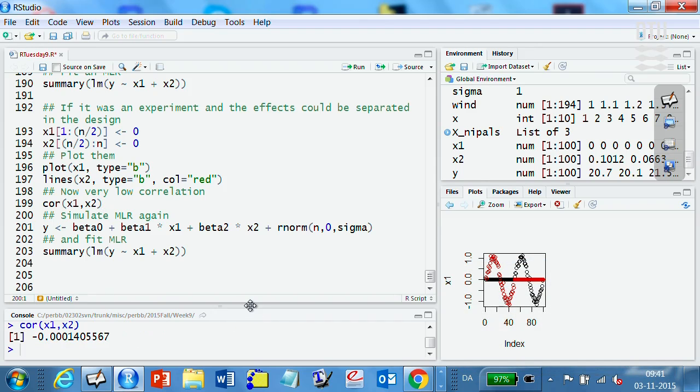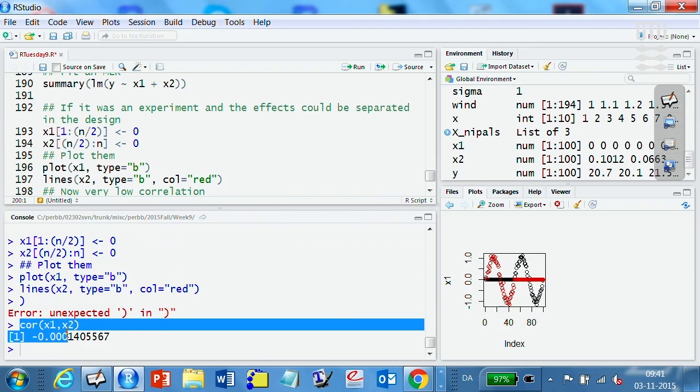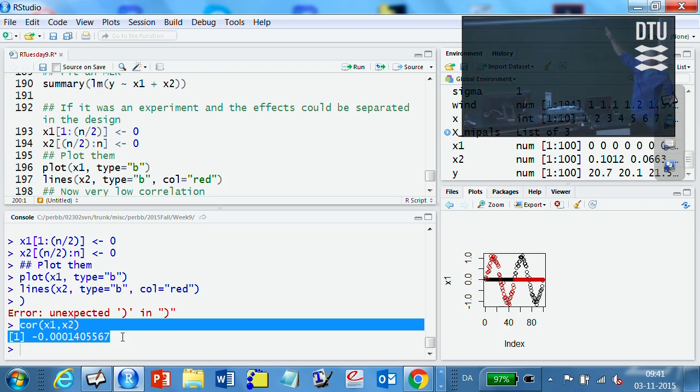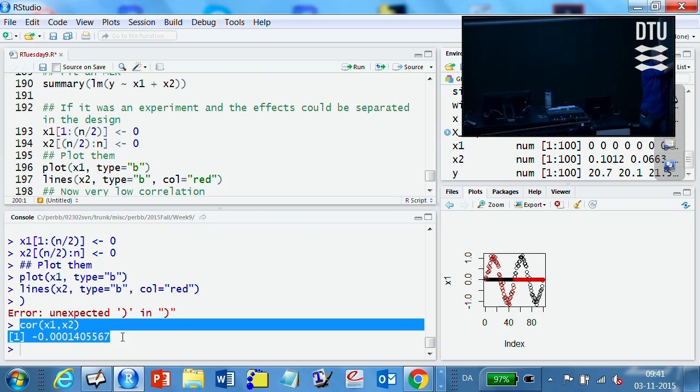The point is, you can look at the details later, but I made an x1 and an x2 here. I took the sine curve first, and then I put it at 0, and then I took the sine curve at the first part and put it at 0 for the rest. I constructed an x1 and an x2 such that the correlation between x1 and x2 is now 0.